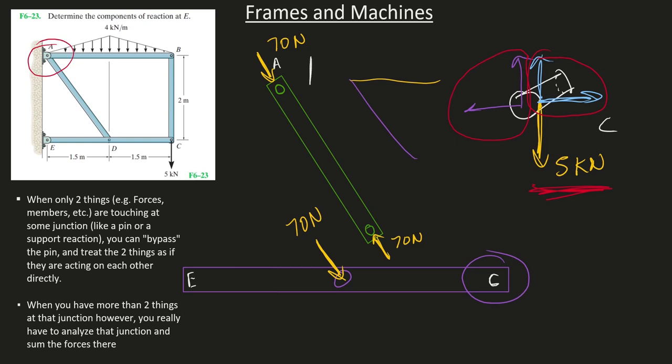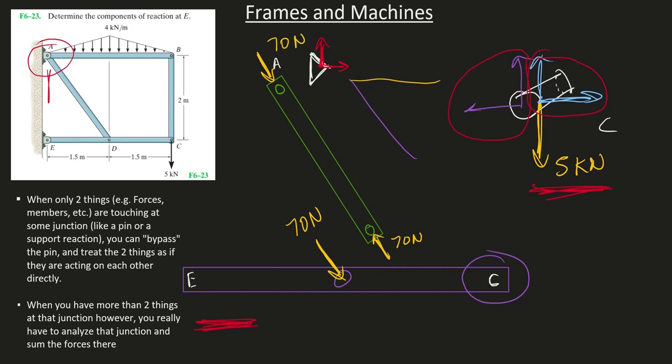This is a support reaction here. So it is actively creating forces that are helping keep our system in equilibrium. So this is one of these situations. If you're ever unsure though, you can always break it down. It never hurts to break things down completely, just so you're sure that you're not missing anything.